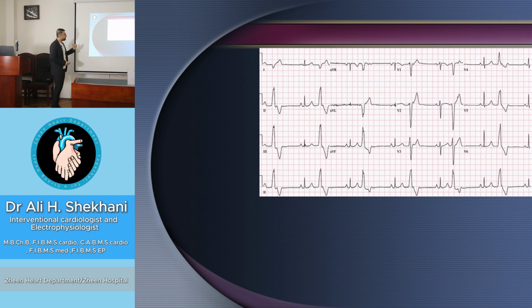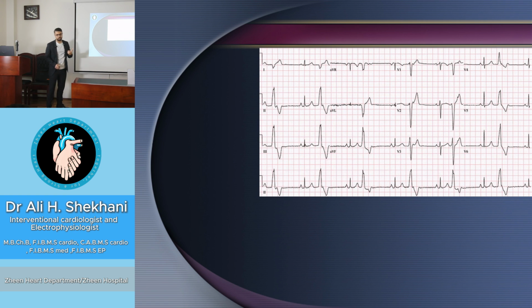How do you differentiate PVC? Usually the QRS is wide, more than 120 milliseconds, and there is discordance between QRS and T wave. For example, for those leads with positive R, the T wave is negative, and for those with negative, the T wave is positive.